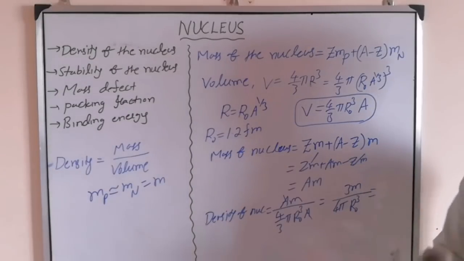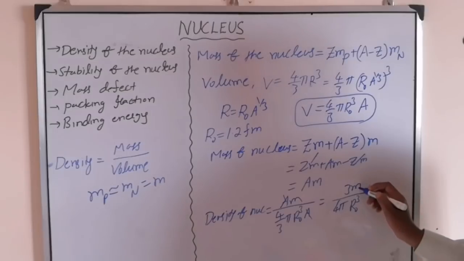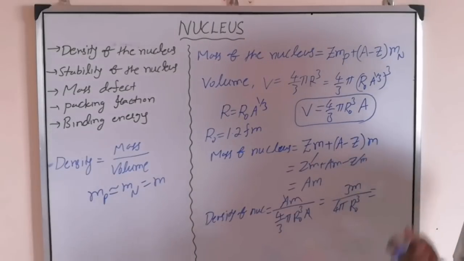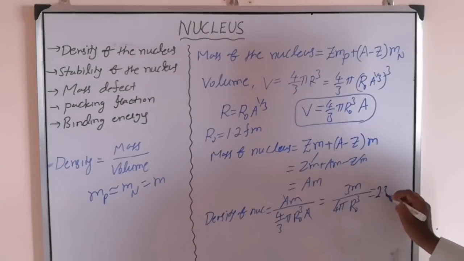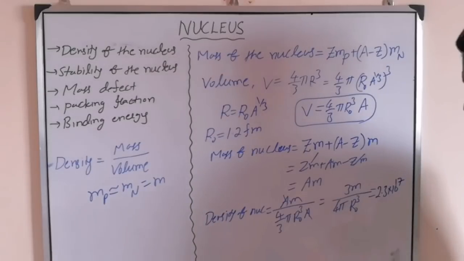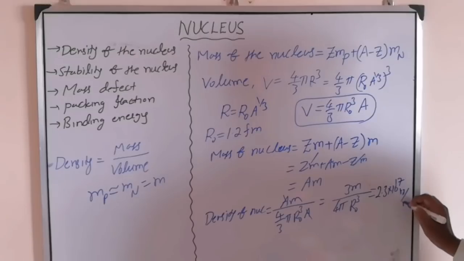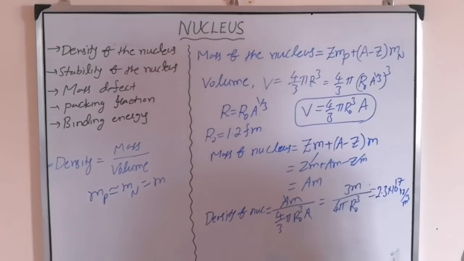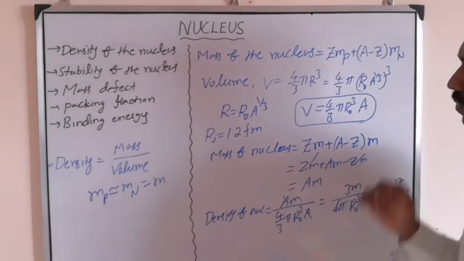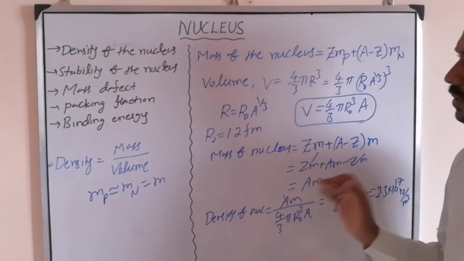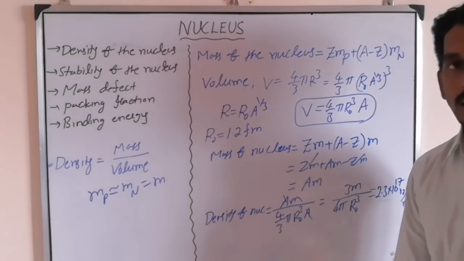All the nuclei have the same density, and if you substitute these values, it comes to approximately 2.3 into 10 power 17 kg per meter cube. Density, what is the unit? Kg per meter cube. So this is the density of the nucleus.